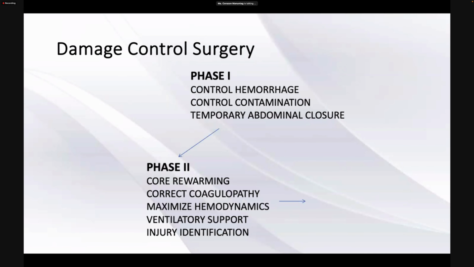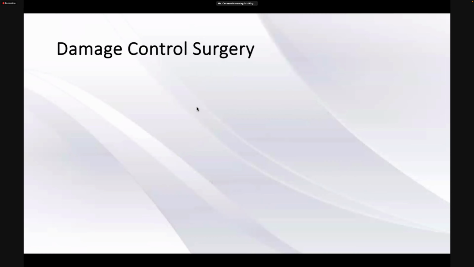Phase 2 happens when you recognize that your patient cannot do a definitive or a long surgery and you have to bring your patient to the surgical ICU or in a unit where you can resuscitate your patient using rewarming, correction of coagulopathy, maximizing hemodynamics and ventilatory support, and to further identify injuries para pagbalik mo sa kanya, pag-open mo ulit ng abdomen, targeted yung activity mo, which will be the phase 3, your pack removal and doing your definitive repairs, because you know at this point that your patient can survive these injuries and your additional insults better.